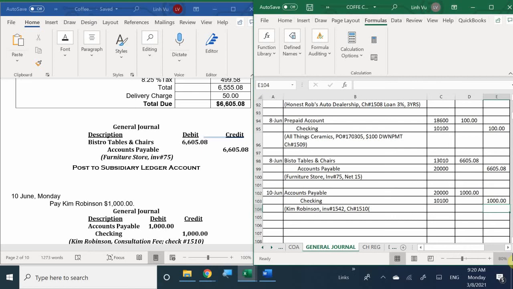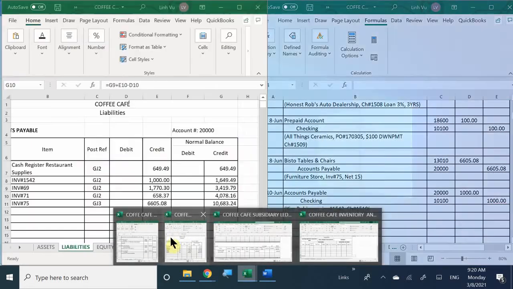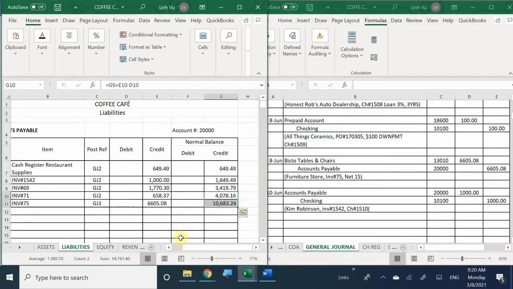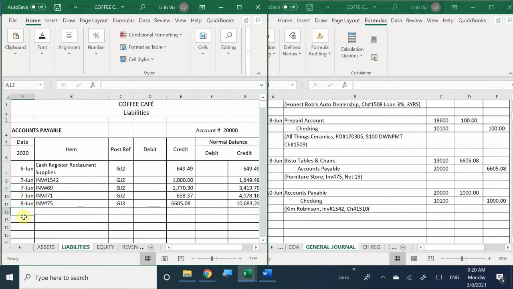I wrote my check out and now we can go to the ledger. Okay. So here we are already at the accounts payable. So we can go ahead and write down the date. So June 10, right?